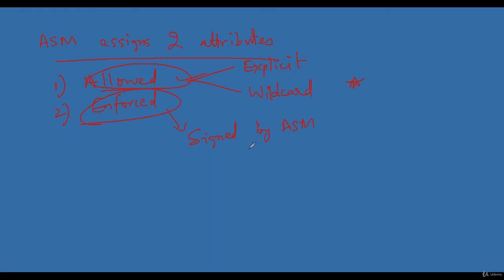This is usually the type of cookie that should be enforced. So if a cookie with the enforced attribute is modified on the client side, then ASM will trigger a modified domain cookie violation.